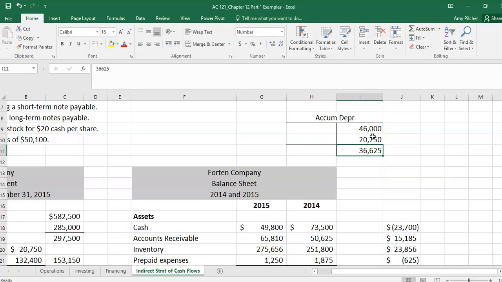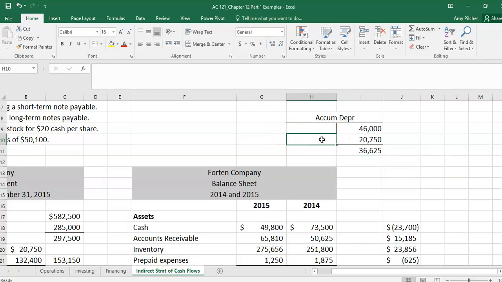When we sell a piece of equipment, we remove the historical cost from our records and we remove the accumulated depreciation from our records. So what we are looking for to get the accumulated depreciation is the amount that's missing right here that we would have debited accumulated depreciation for when we sold this piece of equipment.